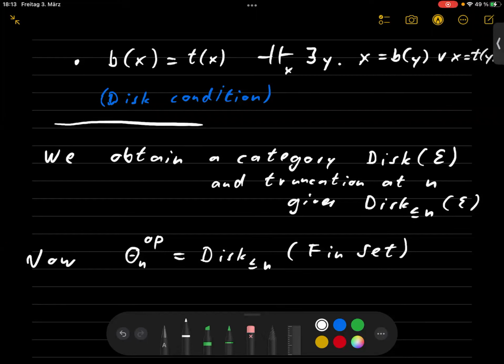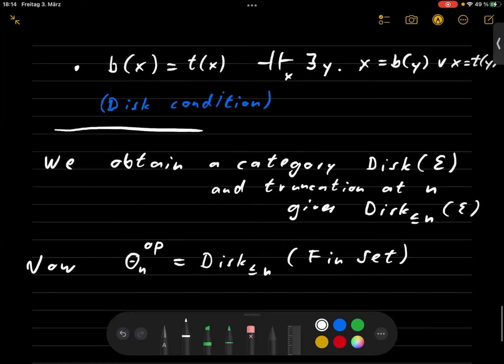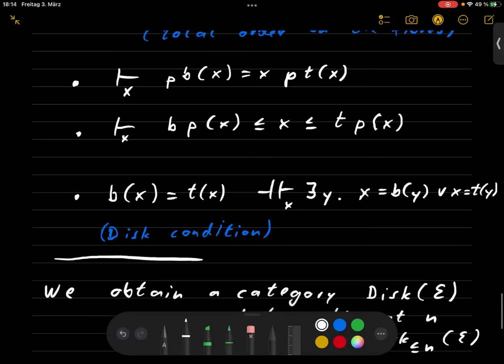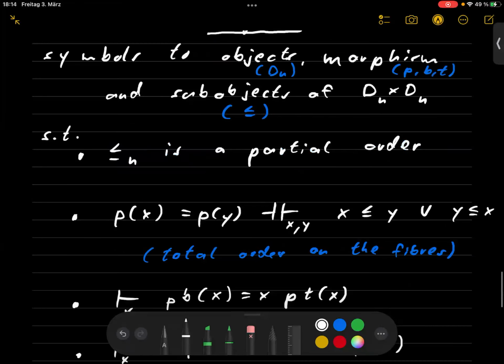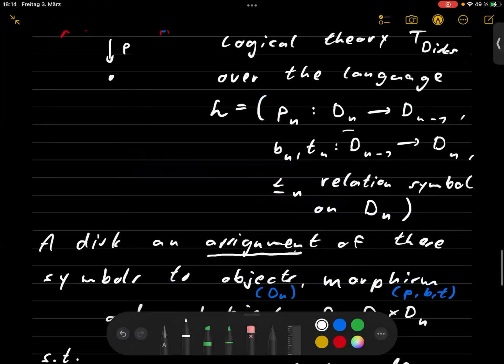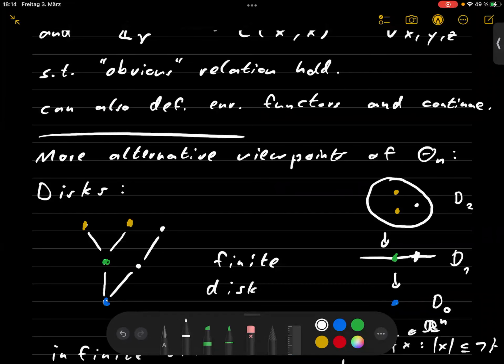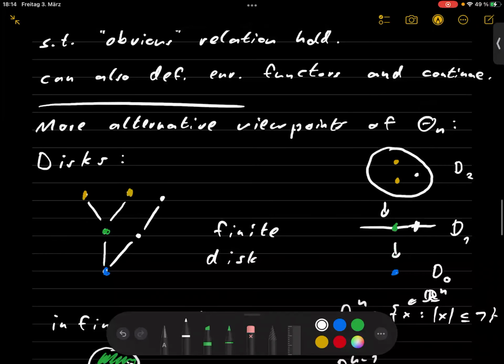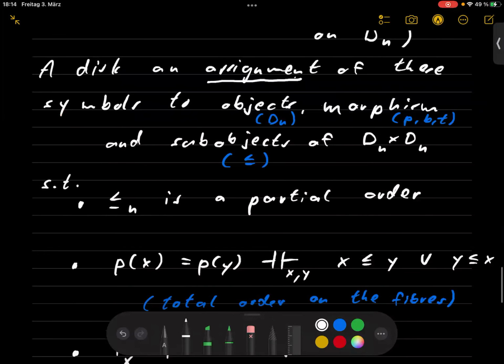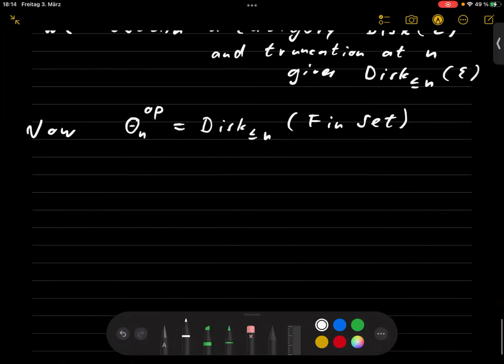Okay, and how to see this? Let's go back to the trees and see a bit how we can relate this notion of disk to the notion of trees we had before, and also see how morphisms of trees give morphisms of categories, and why this is now contravariant. For that, I again draw a tree.